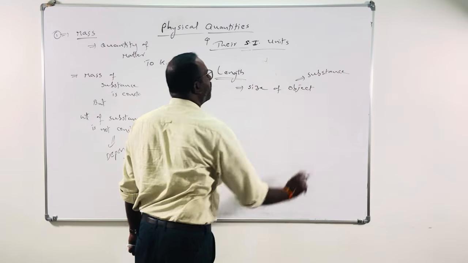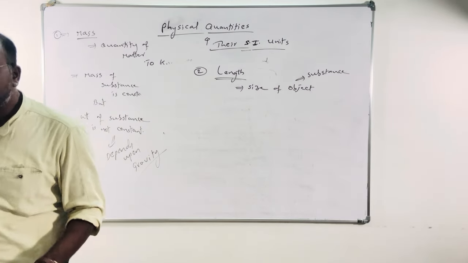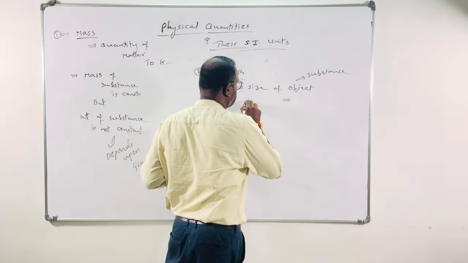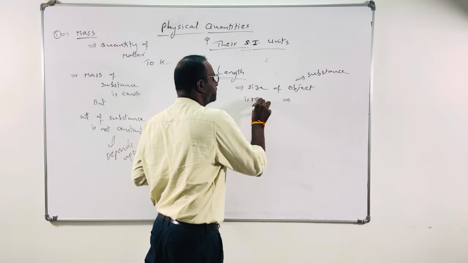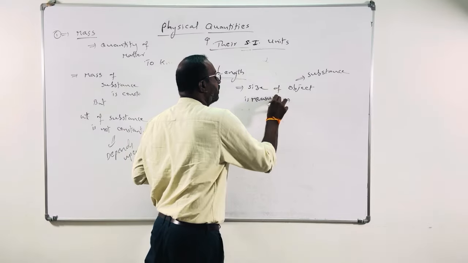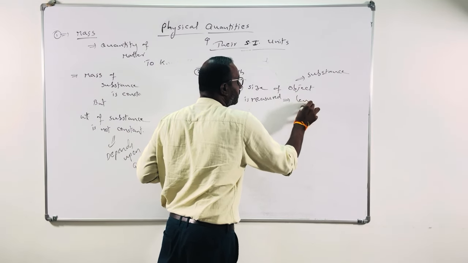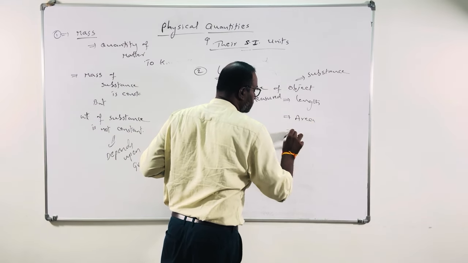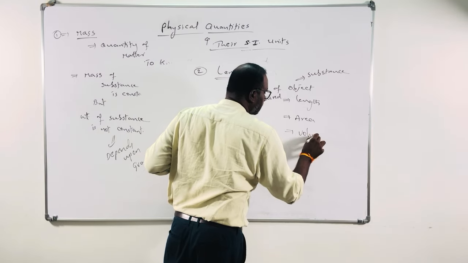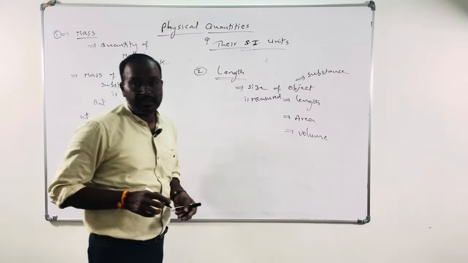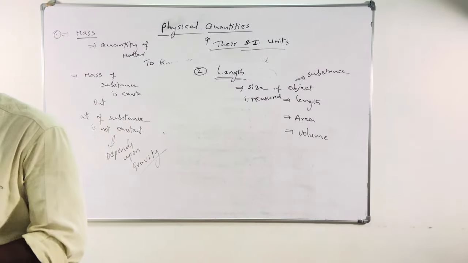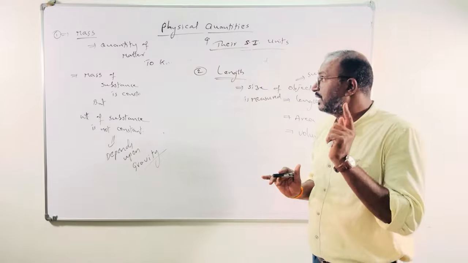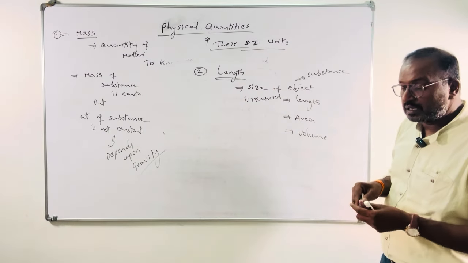The size of an object is measured in terms of length, area, and volume. Length, area, and volume. The size of a substance is measured in length, area, volume.